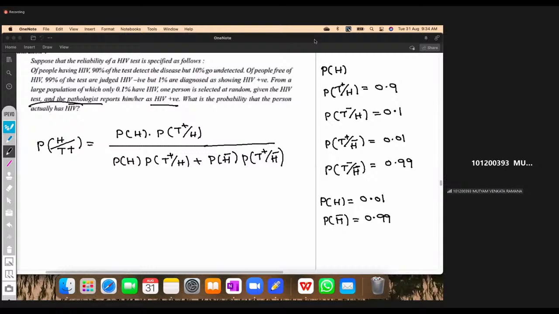Do we need to go for any further test? Okay. So if you write this, what is the answer?